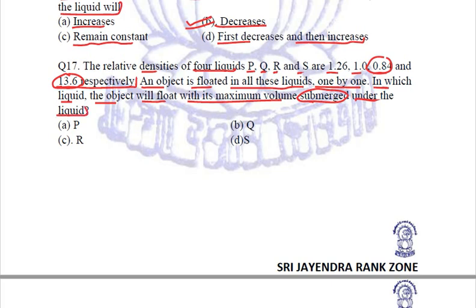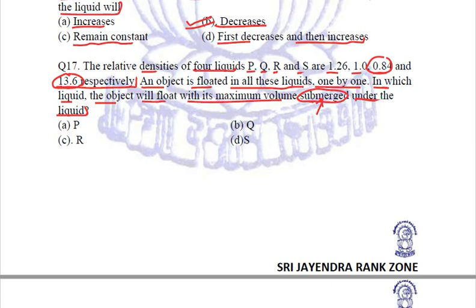Now, if we want the maximum volume submerged, that means the least buoyant force is acting upon the object, and the least buoyant force will be exerted by the liquid which has the least density.